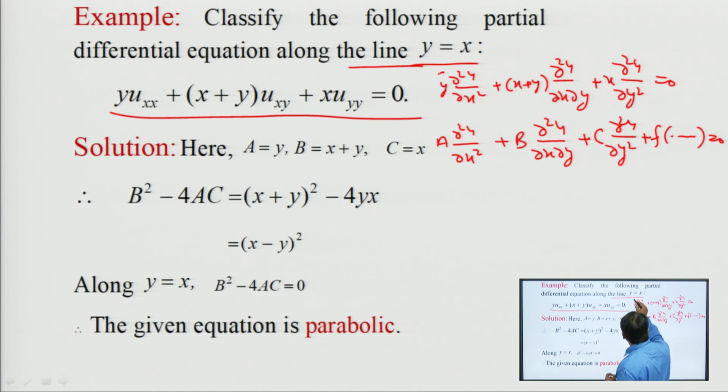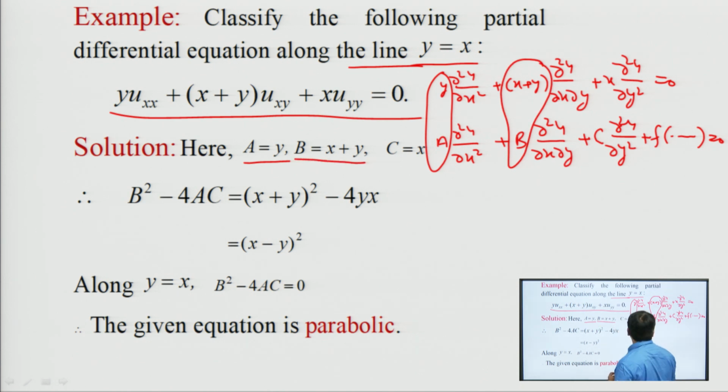then from here we can see that a is equal to y, b is equal to x plus y, and c is equal to x. So, here the values of a, b and c are dependent on the values of x and y.